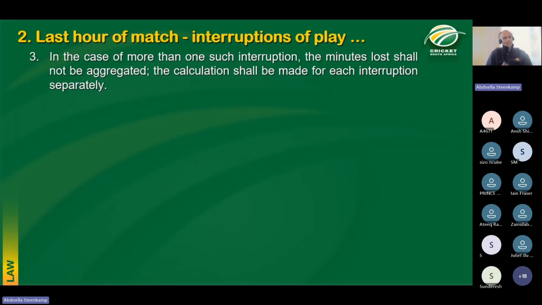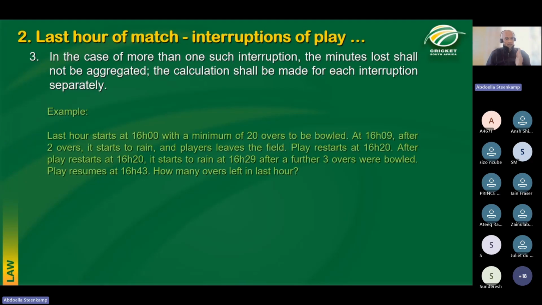You go off again. Now this is your second interruption. Now you're going to do a new calculation based on your second interruption. Similarly, your third and your fourth. Don't add it together. Do your interruptions separately. I do have an example where there are 2 interruptions in the last hour. And let's see how we need to handle them.